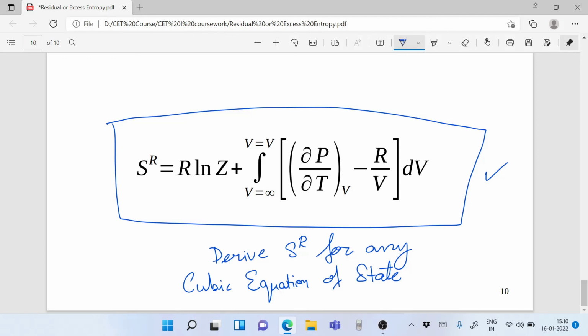Now, keep watching for more of my videos where I shall be deriving the residual entropy for a few cubic equations which have been asked in Mumbai University examination. And following these methods is going to give you full credit. Mind you, each and every question which asks you to derive the residual entropy is worth 10 marks, and we shouldn't lose those 10 marks.